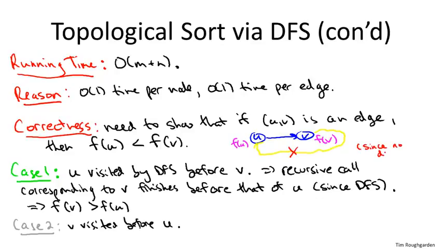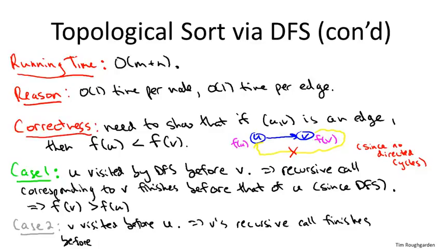So it doesn't find U at all. So the recursive call of V, again, is going to get popped before U's is even pushed onto the stack. So we're totally done with V before we even start to consider U. So therefore, for the same reasons, since V's recursive call finishes first, its label is going to be larger, which is exactly what we wanted to prove.